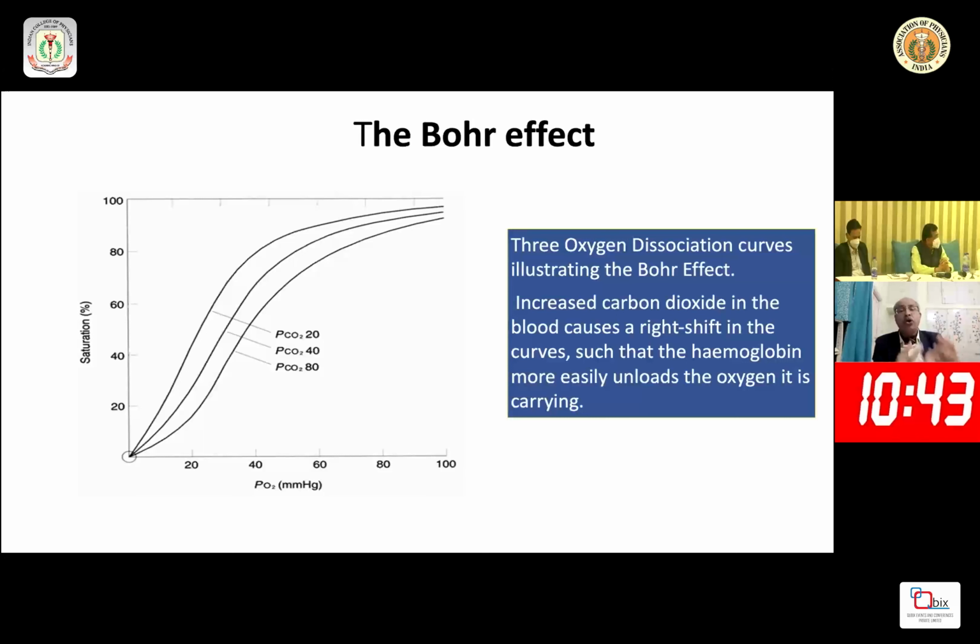We all know that within the peripheral tissue, because of oxidative phosphorylation with ATP generation, there is a generation of carbon dioxide. Carbon dioxide, through its activity with water, leads to carbonic acid, which results in H-ions. So when it occurs, the curve shifts to the right and more oxygen is delivered to the cell.